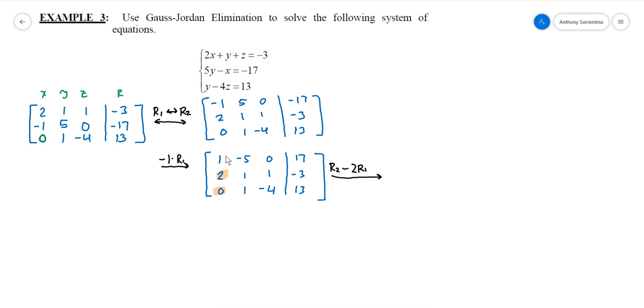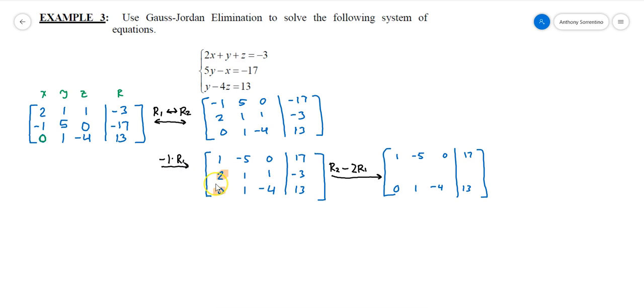But I have to make sure I do that for the entire row. So space out a little bit more. 1, -5, 0 being 17, 0, 1, -4 being 13. Those aren't going to change.